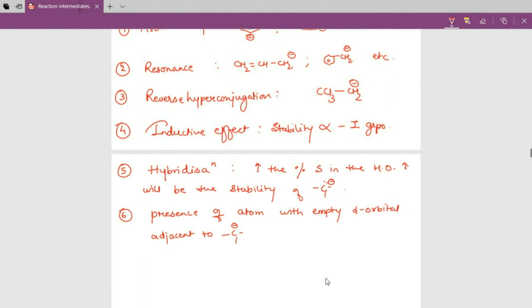Okay, adjacent to C minus. So let us take an example. CCl3 minus will be more stable than CF3 minus due to this d orbital presence.